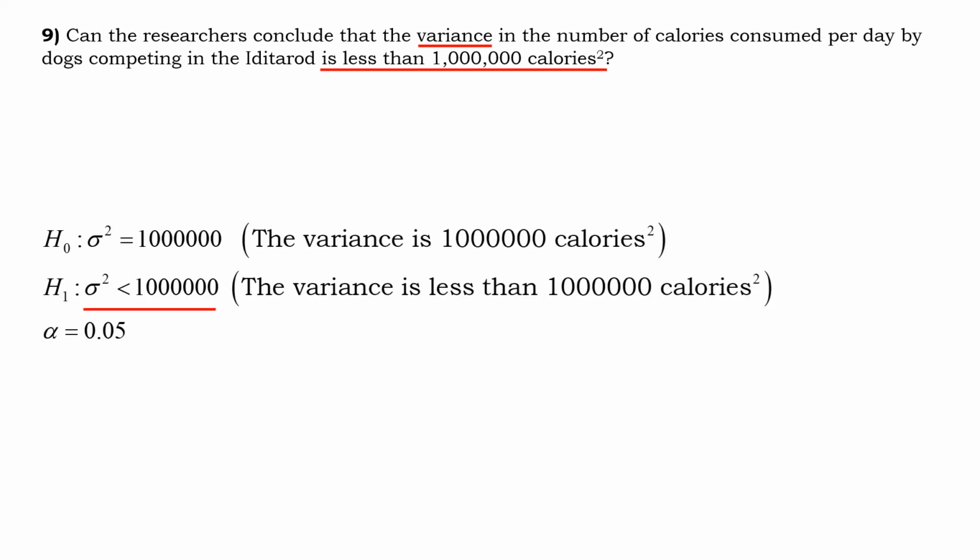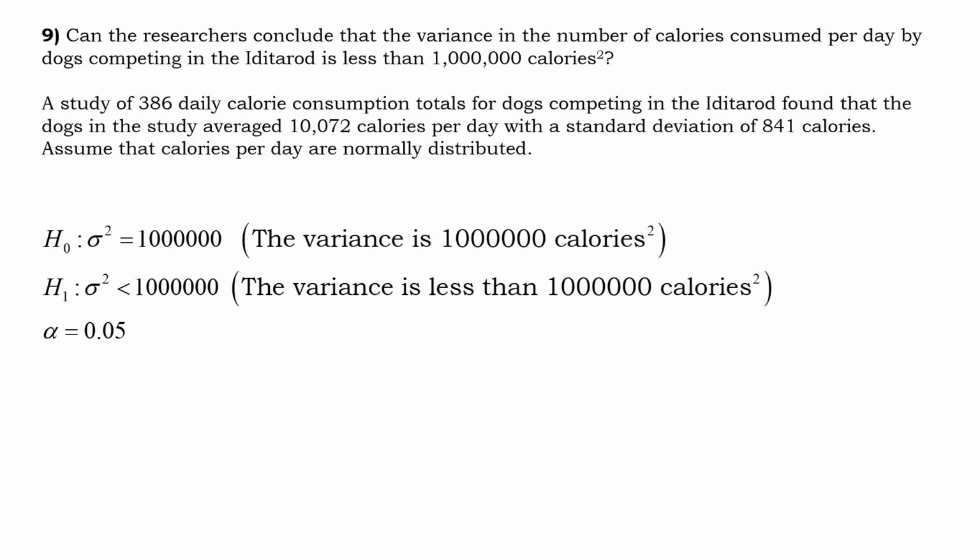And more, less, or not equal to is something that you can prove, potentially, depending on what your data turns out to be. All right, so we want to know if the variance, sigma squared, notice the squared on the sigma, is less than 1 million. So we will assume the null hypothesis, the variance is 1 million, no lower until we see some proof. We were given sample data that says the average number of calories was 10,072 and the standard deviation was 841 calories, but that was for 386 days.